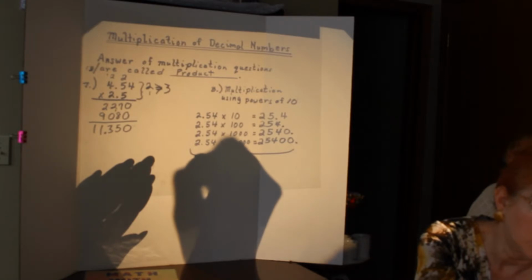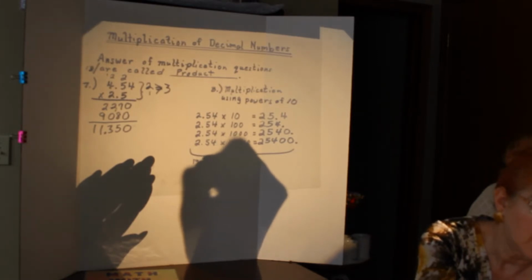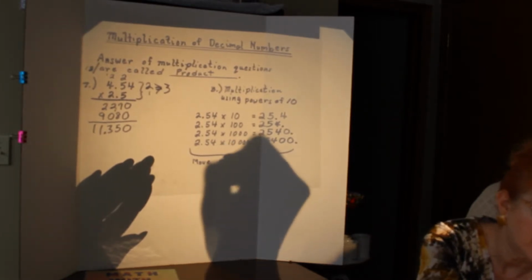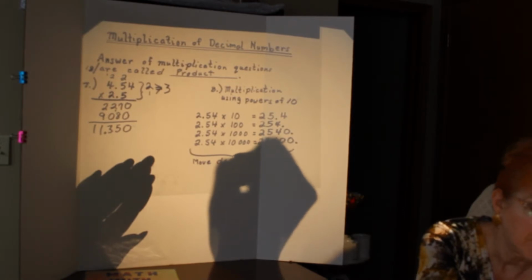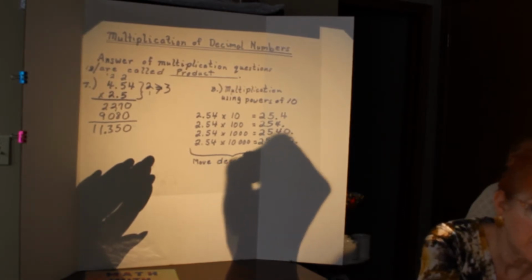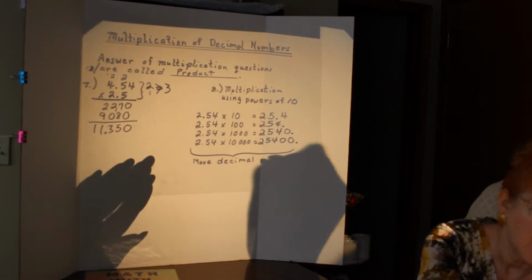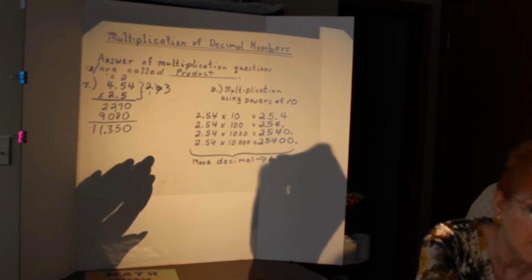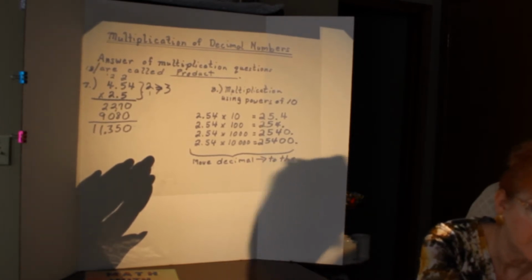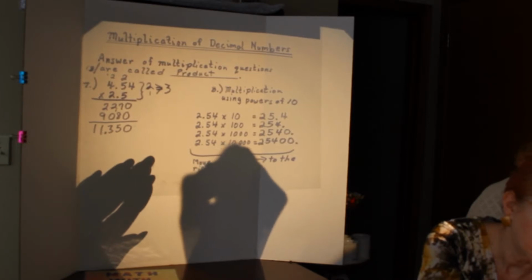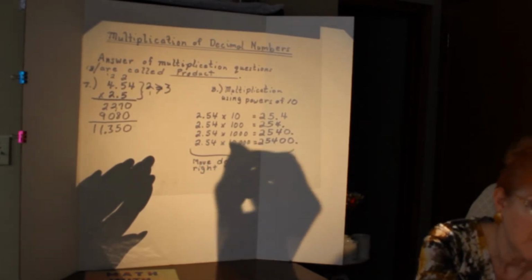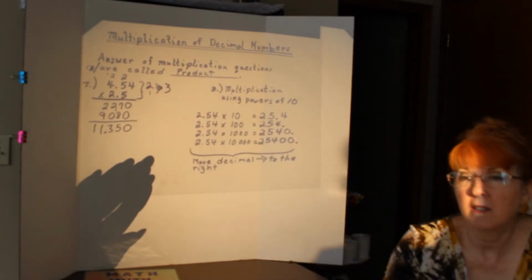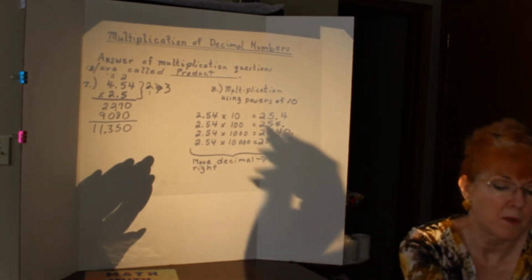All right, so you're going to move the decimal to the right, taking into account the number of zeros.